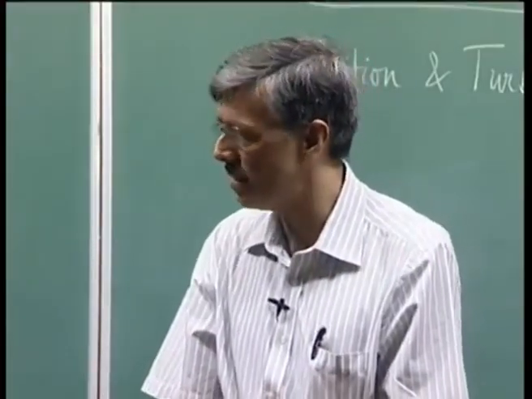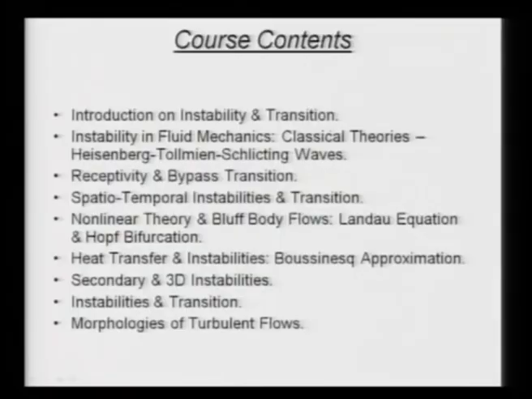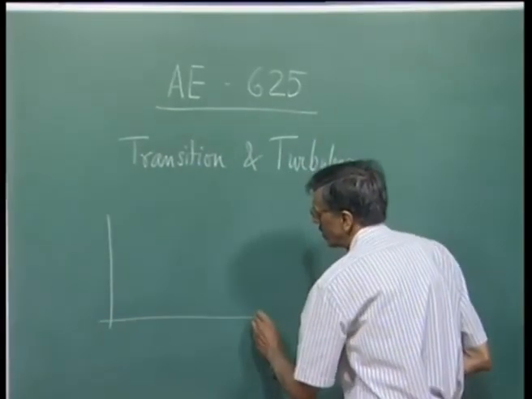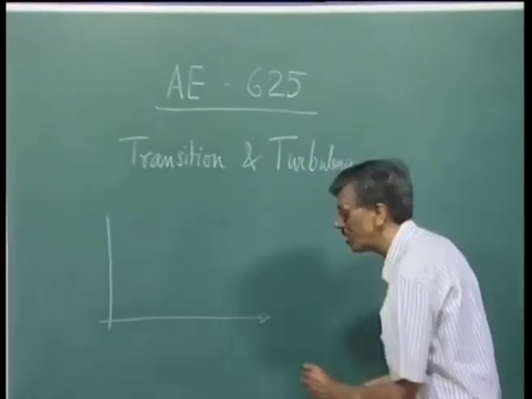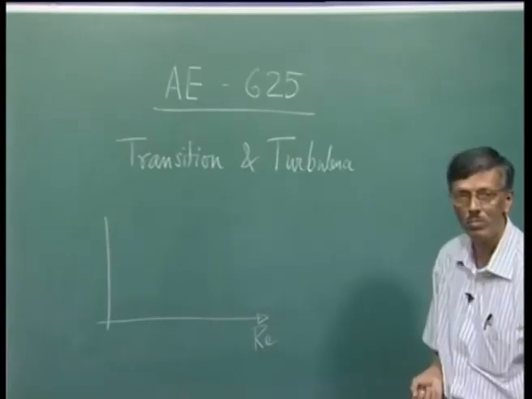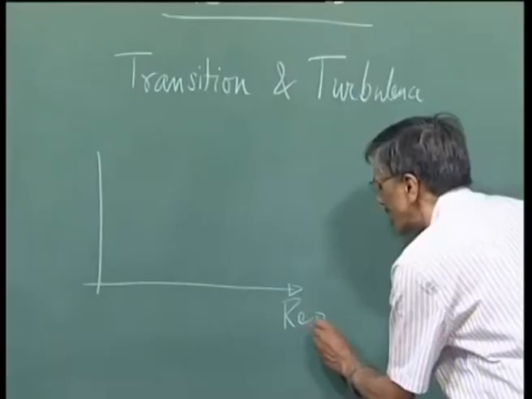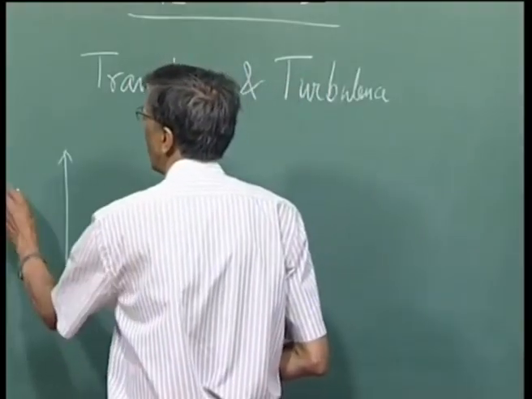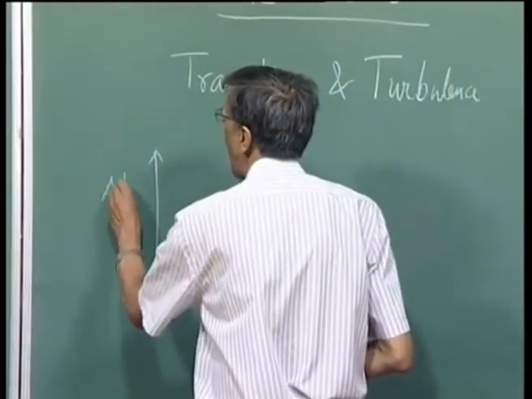So, in this kind of scenario we may look at, let us say, flow past a cylinder. On this axis, I will be plotting the Reynolds number based on the diameter, and on this side let me simply plot the amplitude.